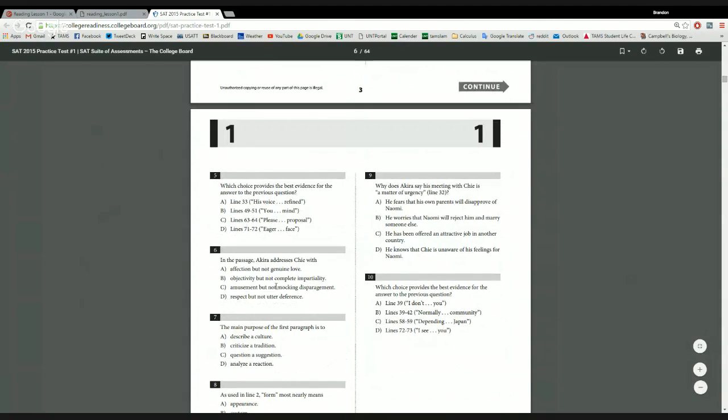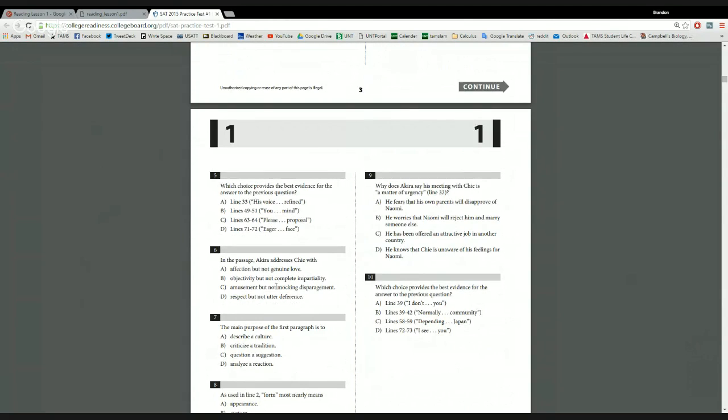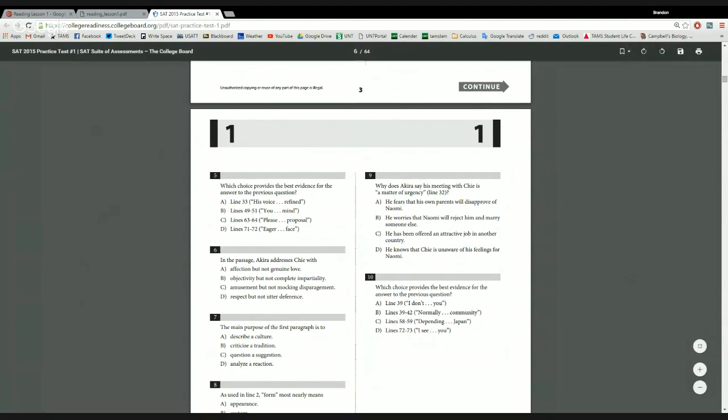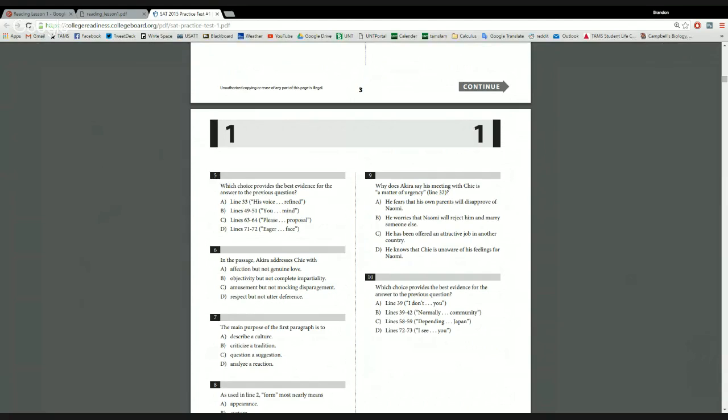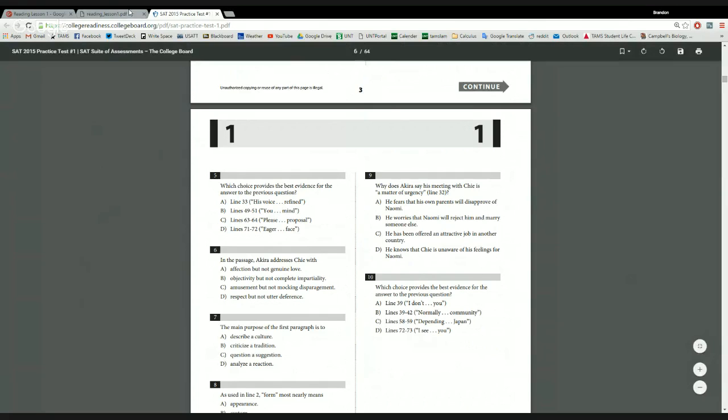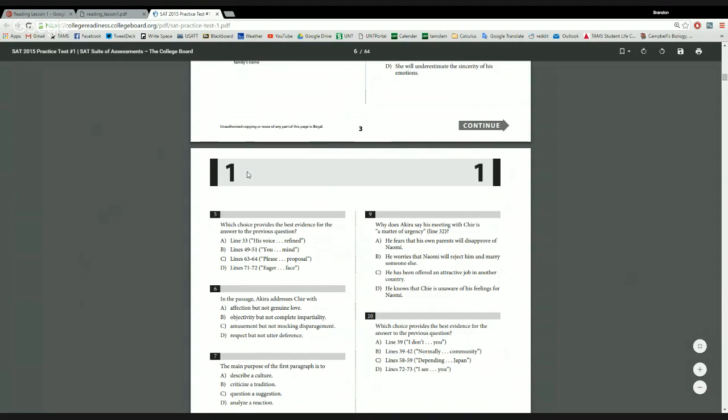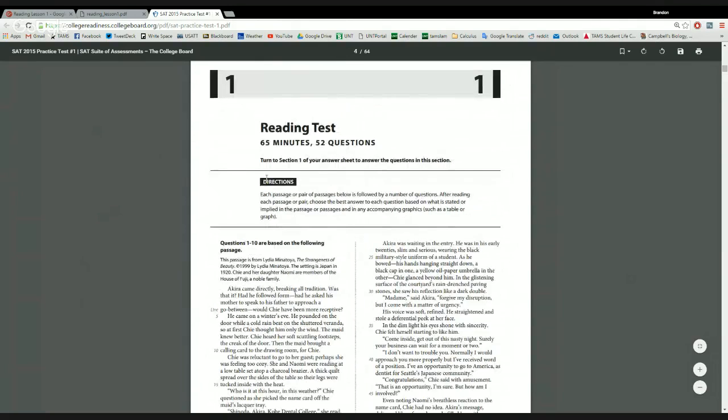For number 6, in the passage, Akira addresses Chi with. So in this question, based on reading the passage, you get a basic feeling of how Akira addresses Chi through the text, and there's multiple examples actually, as seen in line 26 and line 31.